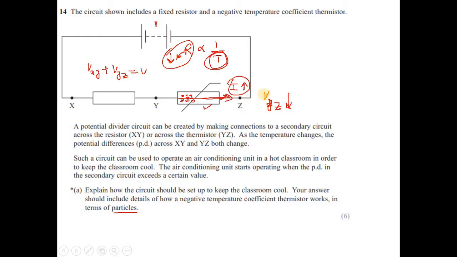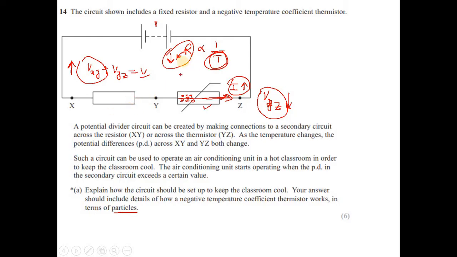So if VYZ, the thermistor voltage, is decreasing, the voltage across XY must increase so that the sum of these two voltages stays the same.